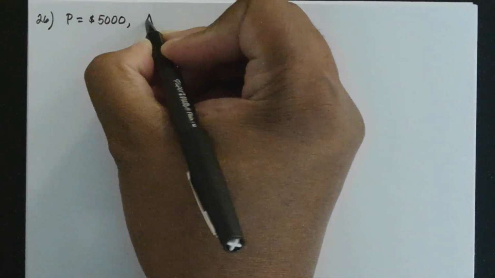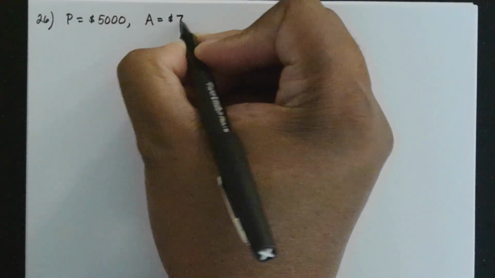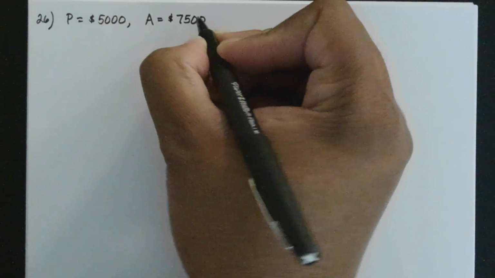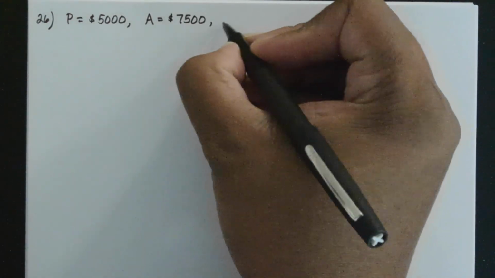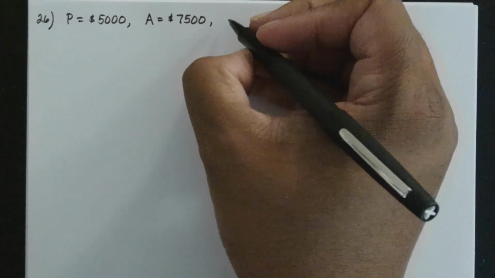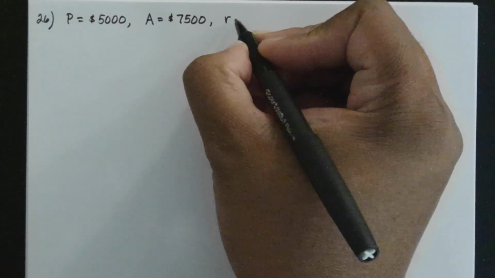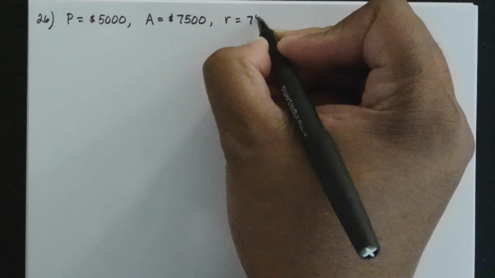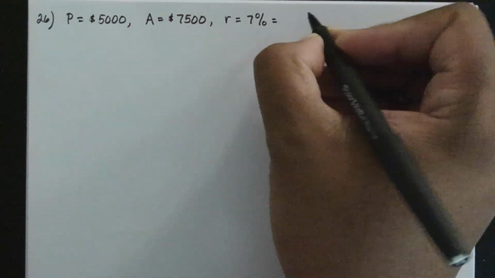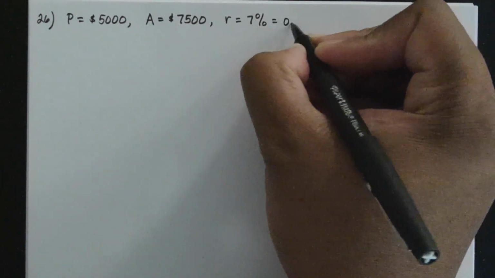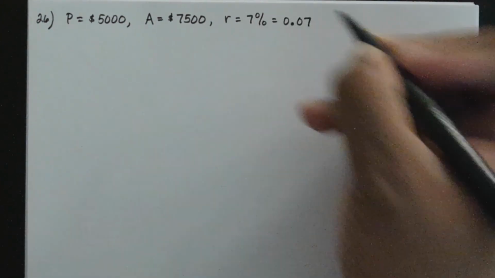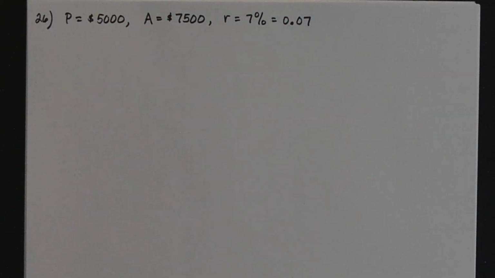We want that to reach $7,500. And the principal is being invested at a 7% annual rate interest. So R is 7%. And what's 7% as a decimal? Has to be 0.07. Drop the percent sign, divide by 100 since percent means per 100.